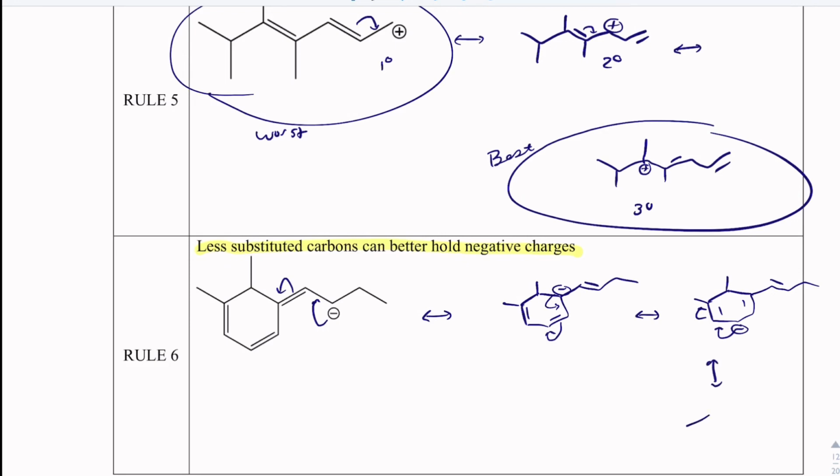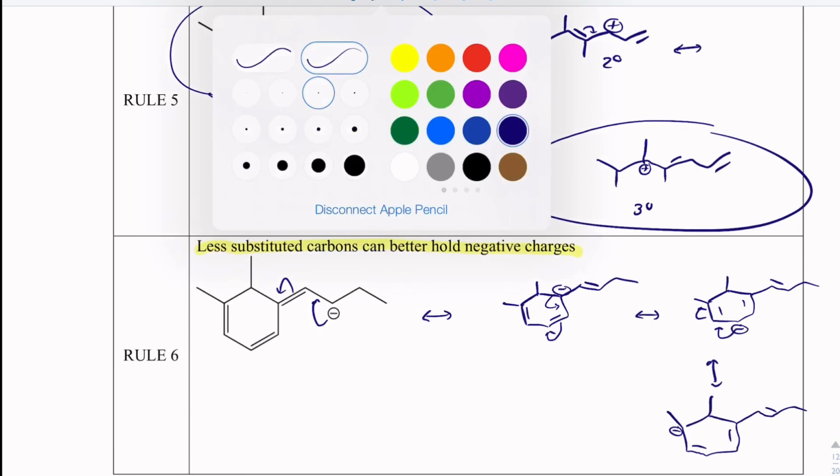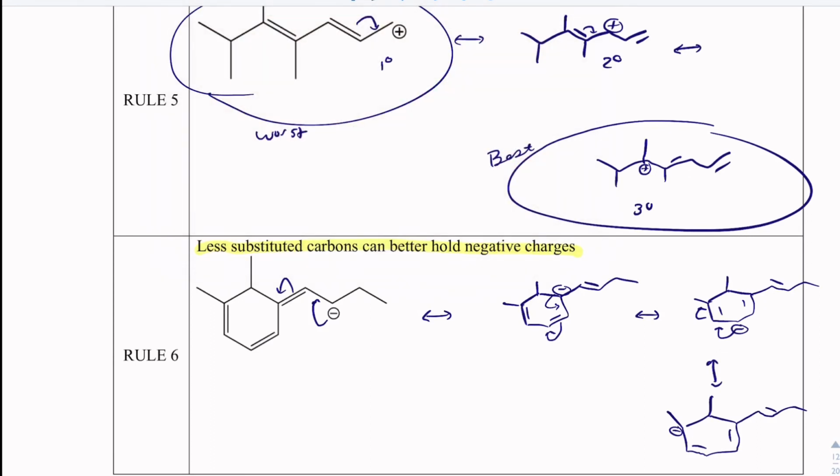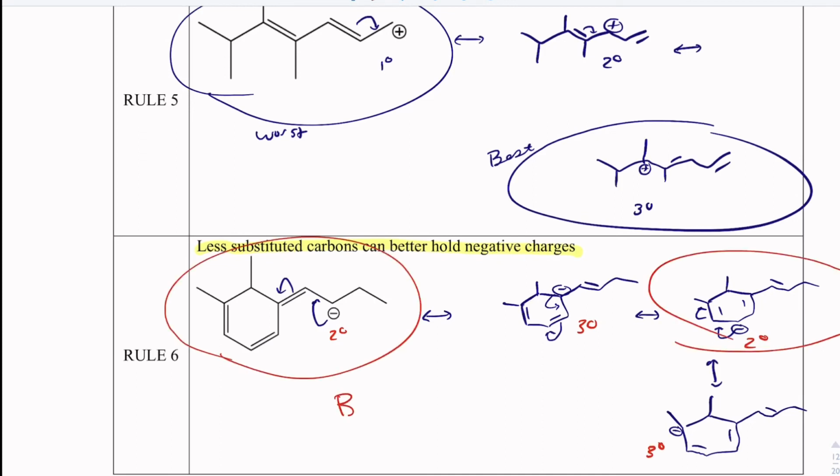And so, let me get this resonance drawn. We get something that looks like this. This guy is secondary, tertiary, secondary, tertiary. These guys, both of them would be best, okay, because they are less substituted.